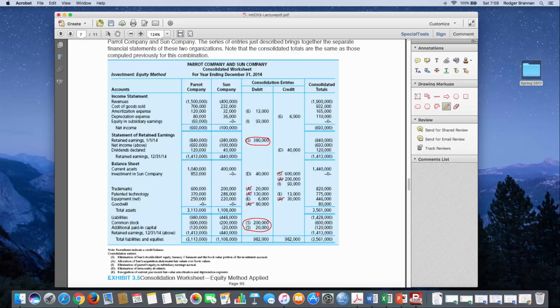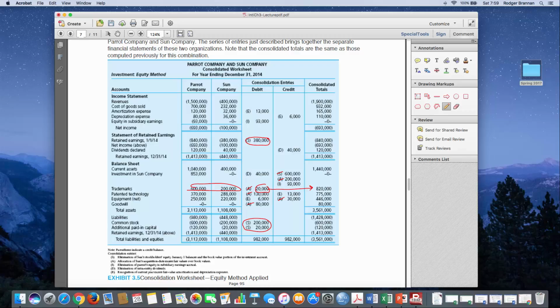That is, trademarks needed to be written up. So the effect of this is to combine the two plus this adjustment to fair market value, which then gives you the 820.